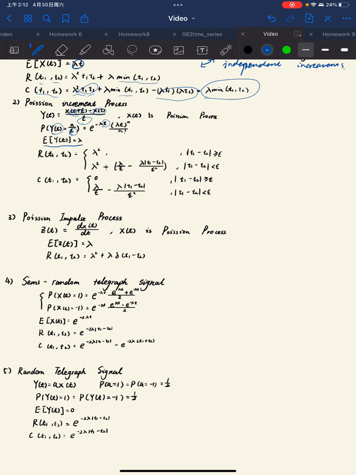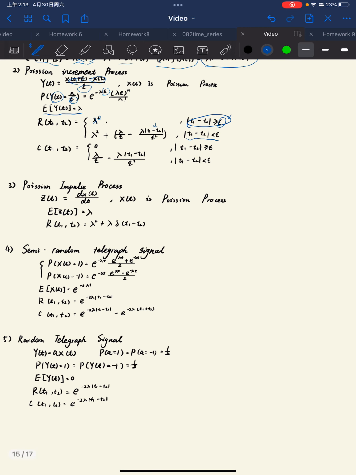For its autocorrelation, it is equal to lambda square when the absolute time difference tau is larger than or equal to epsilon, and equal to lambda square plus lambda divided by epsilon minus lambda times the absolute value of tau divided by epsilon square when the difference is less than epsilon.